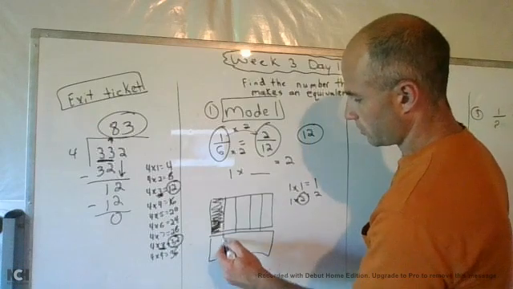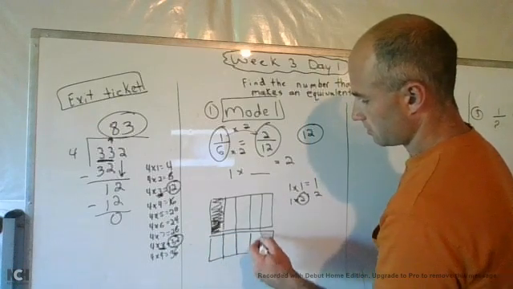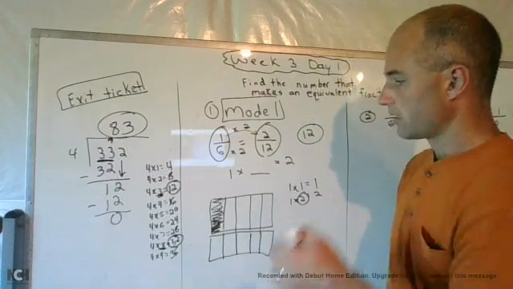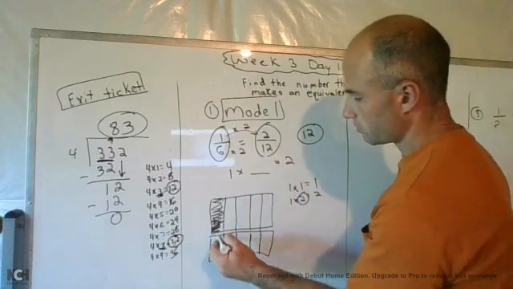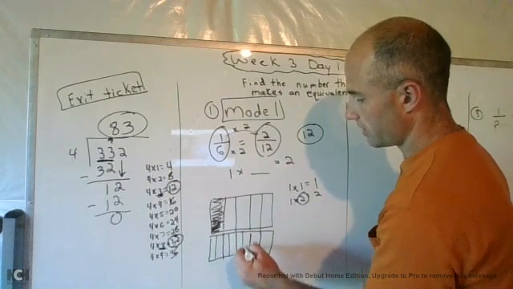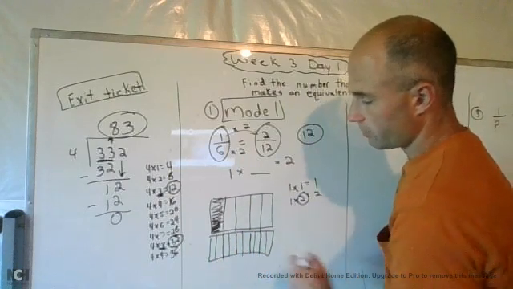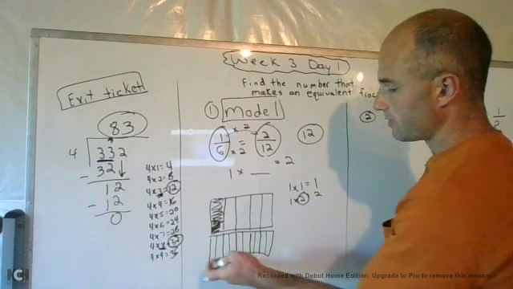Pretend they're equal. I'm going to break it into 6 first. Now I'm going to split every piece into 2. That's where that 2 comes from. So I'm going to split that one into 2, that one into 2, that into 2, that into 2, and that piece into 2. Now I have a denominator of 12.